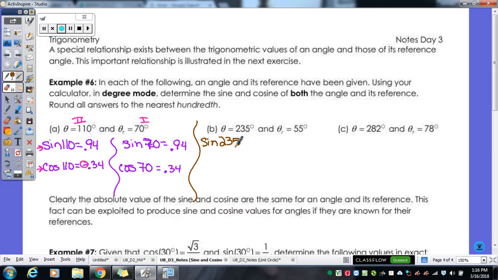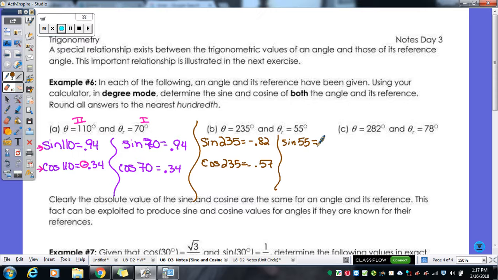Sine of 235. Negative 0.82. So then cosine of 235. Negative 0.57. So now let's do the reference angle.